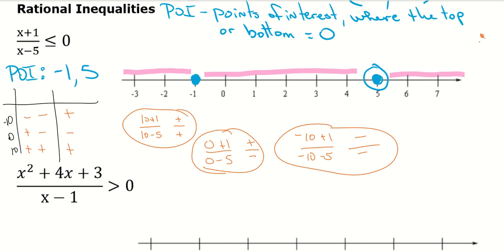So looking at my regions here, this region is positive, this region is negative, and this region is positive. Therefore, my final solution will be negative 1 less than or equal to x less than 5. It cannot equal the 5 because we cannot have zeros in our denominators. Or write it such as square bracket negative 1 comma 5 parentheses.